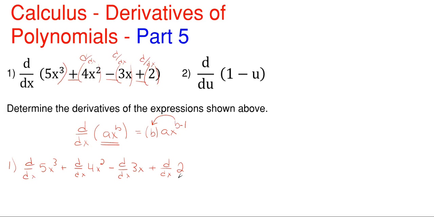So you just take it 4 times, doing 4 different derivatives, and then adding and subtracting them all at the end. Each one of these is in some form of ax to the b, except for this last one right here. And we'll get to that one at the end.